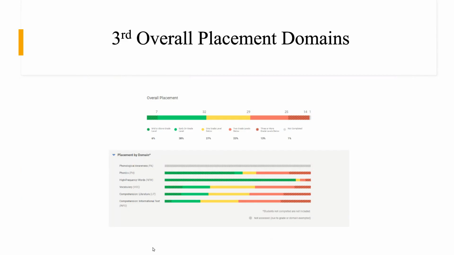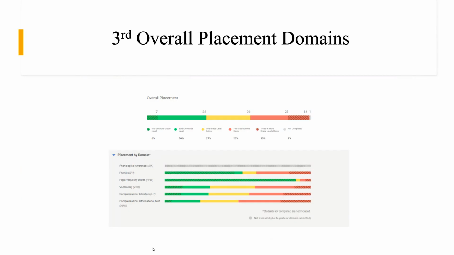So looking at the third grade overall placement domains, domains are categorized in six different areas: phonological awareness, phonics, high frequency words, vocabulary, comprehension as it relates to literature, and informational text.